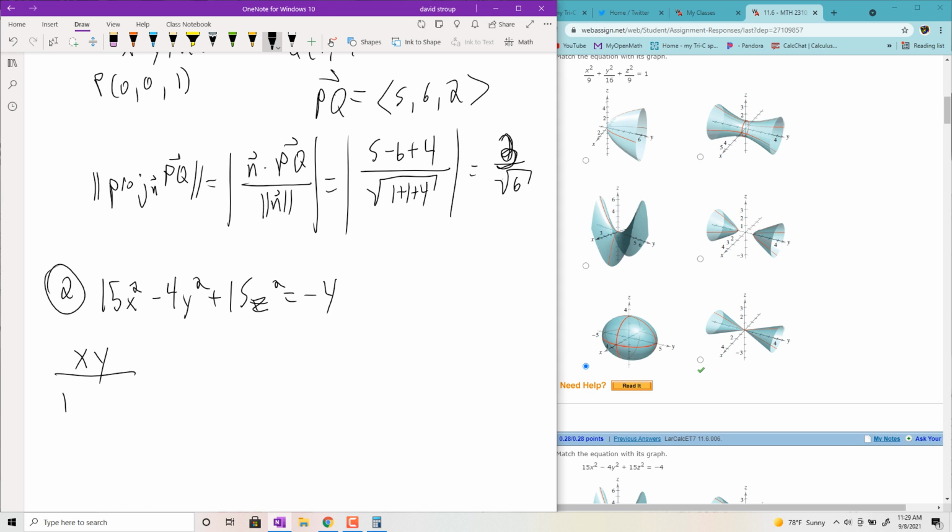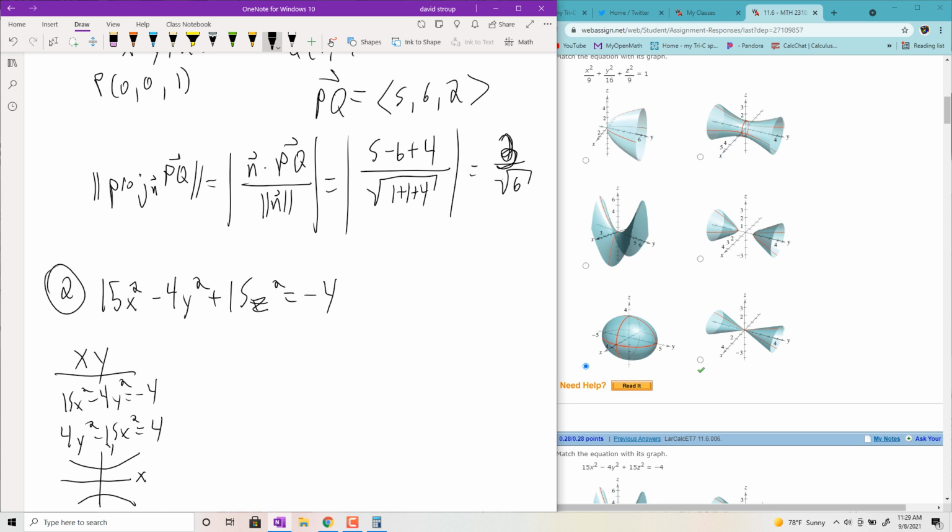xy is 15x squared minus 4y squared equals negative 4. Multiply by a negative, so it's 4y squared minus 15x squared equals positive 4. And in the xy plane, that would give you a hyperbola where the arms are on the y-axis.